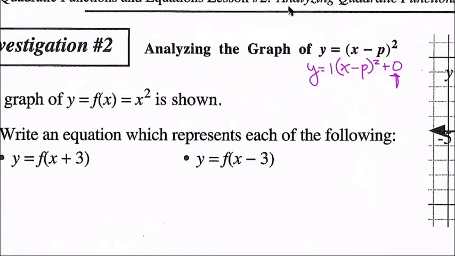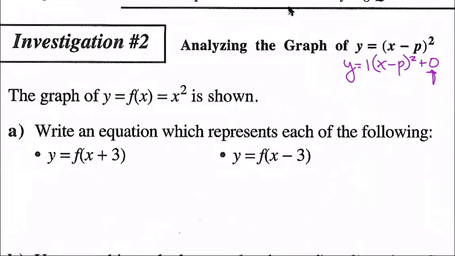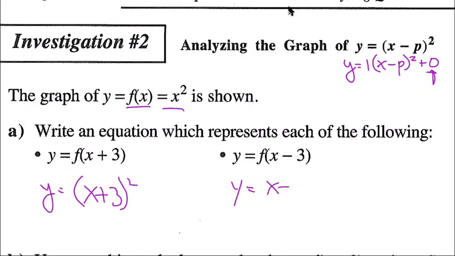But again, if we start with f of x being x squared, f of x plus 3 would be y equals (x plus 3) all squared, or y equals (x minus 3) all squared.